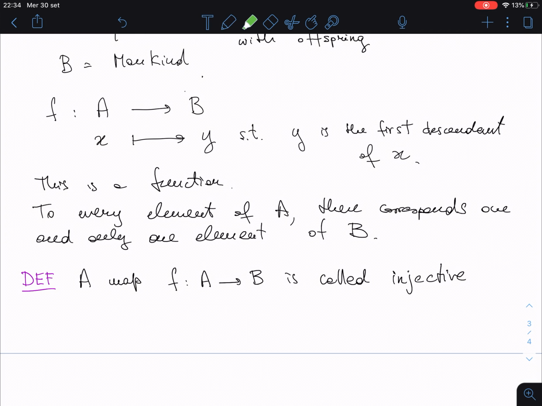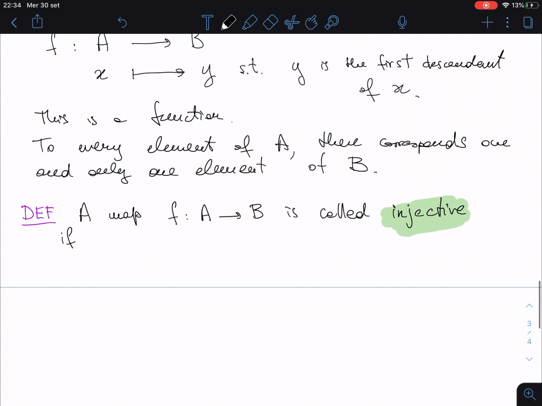This is a very important word, we will use it a lot. It's called injective if whenever you have that f of x1 is equal to f of x2, in the sense that there are 2 elements of A sharing the same image, then the 2 elements are the same.